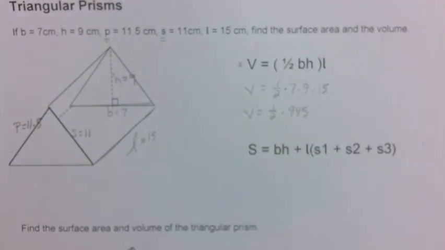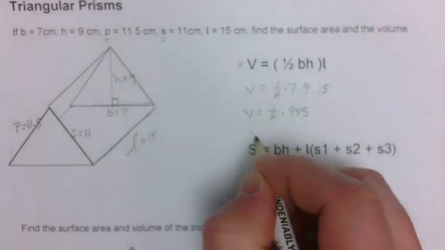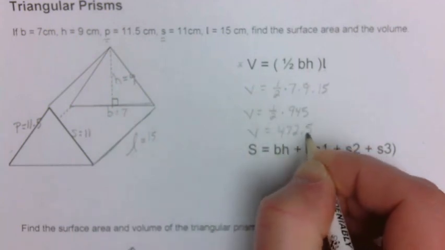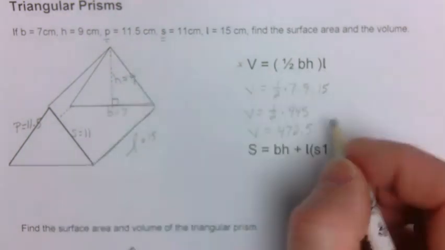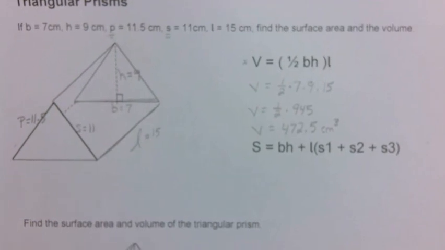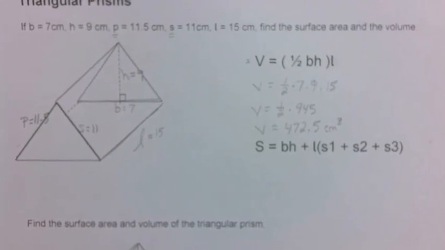So now all I have to do is find half of that number, and that gives me a volume of 472 and 5/10. And now the units again were centimeters cubed. 472.5 cubic centimeters is the volume of our prism.